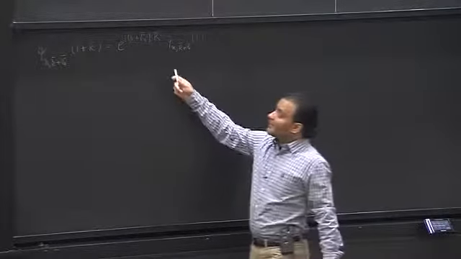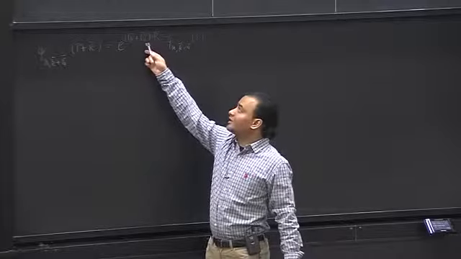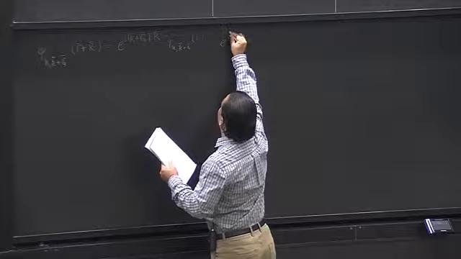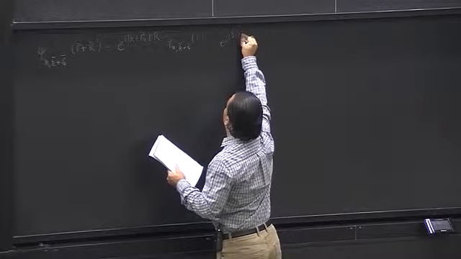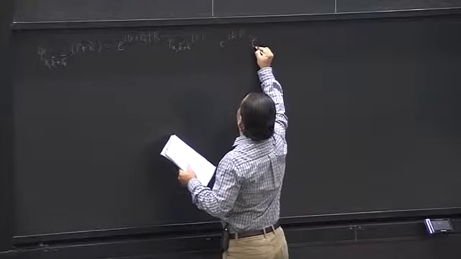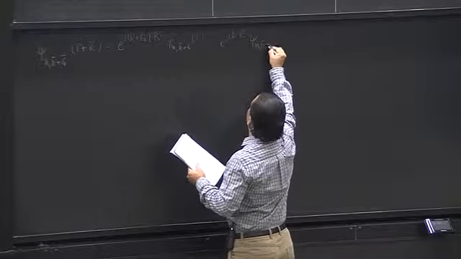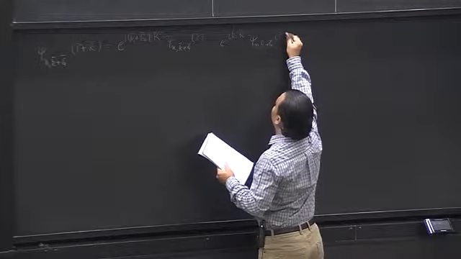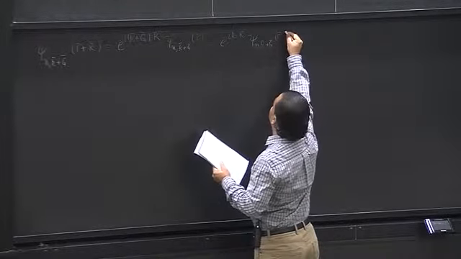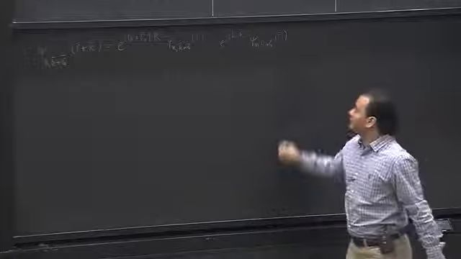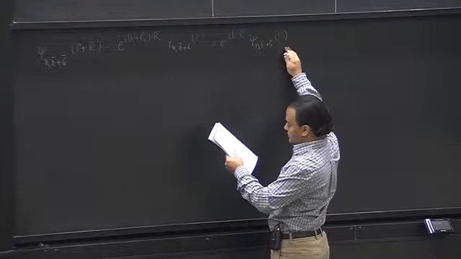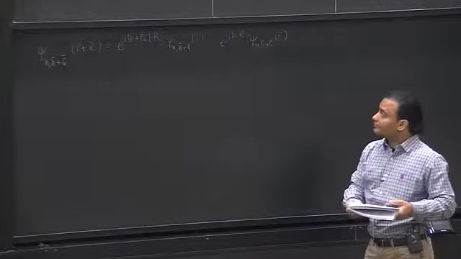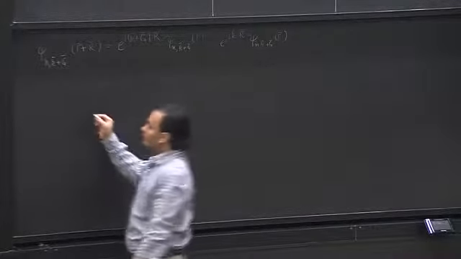Now, by definition of reciprocal lattice vectors, this is the same as e to the power i k dot r, psi n k plus G of r. So what have we shown?